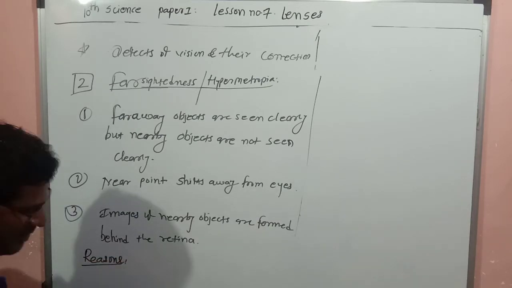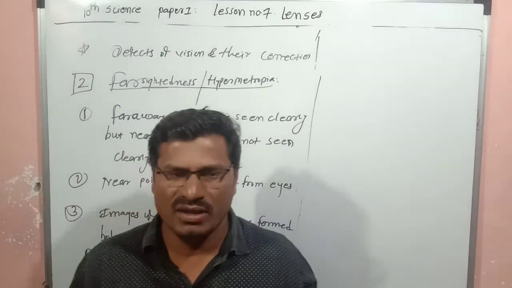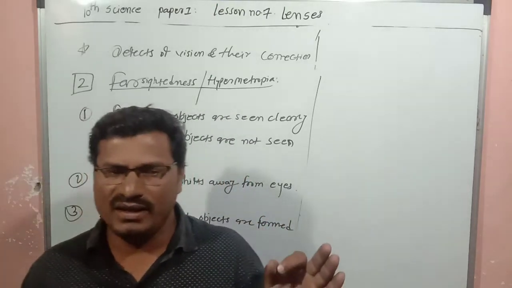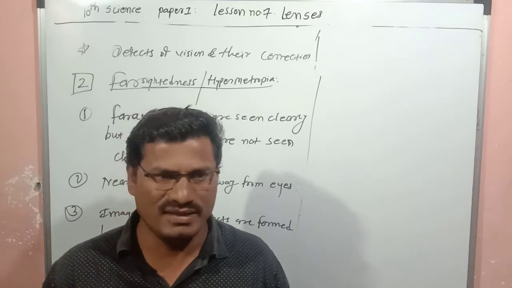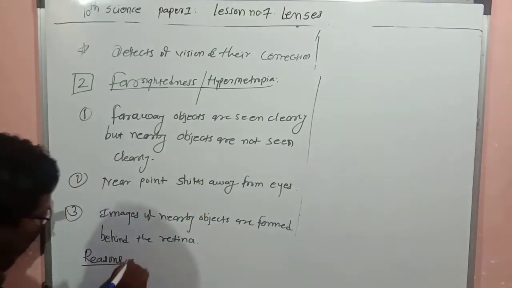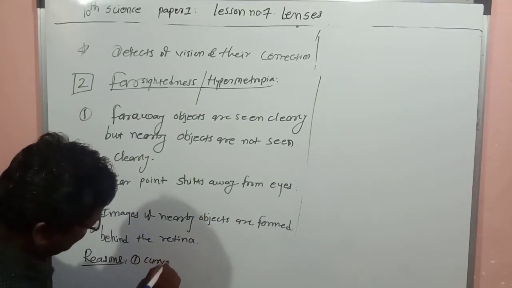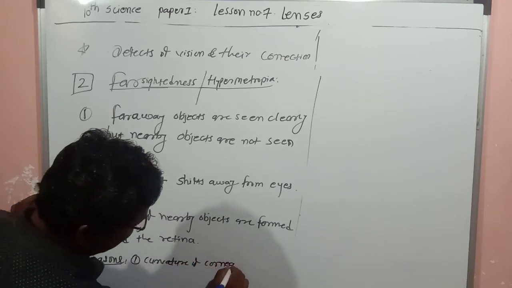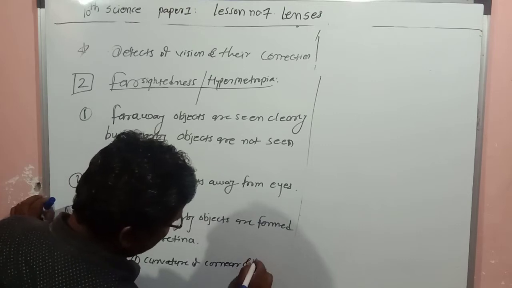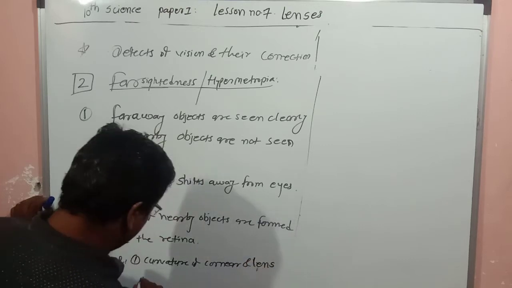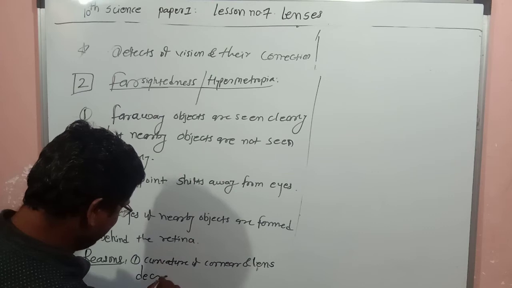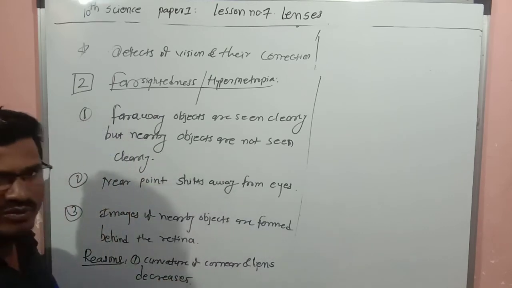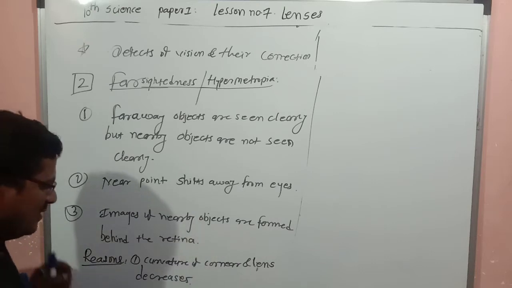First reason, the curvature of the cornea and lens decreases. The curvature of the lens and cornea decreases.